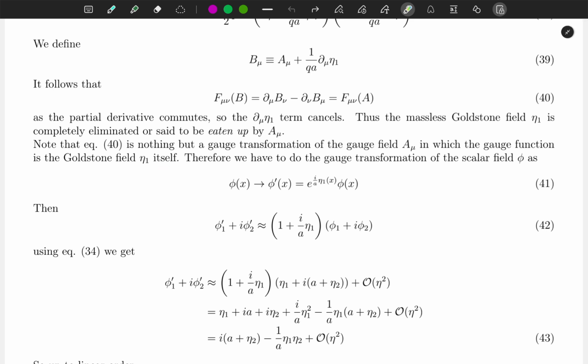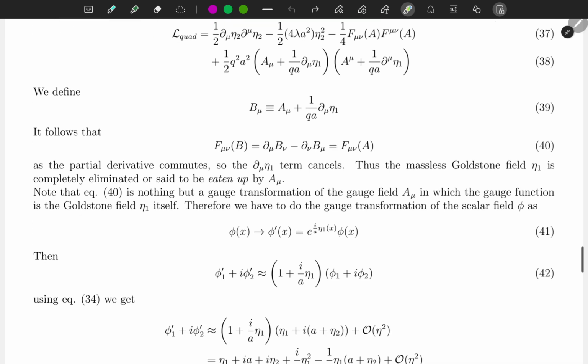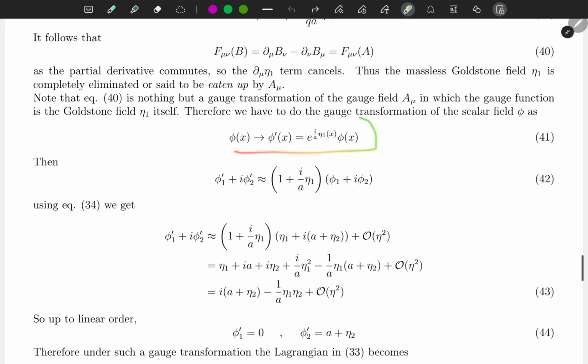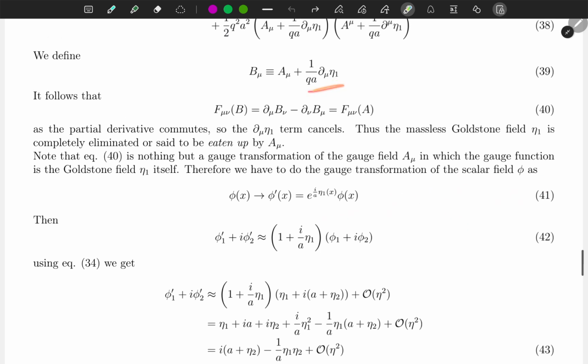Now then we have to do the gauge transformation of the scalar field as well. Means we have to do the gauge transformation of the whole Lagrangian. So here you see we have e to the power i alpha x before. Now it is nothing but i by a eta 1 of x, because the gauge function is eta 1 divided by a.